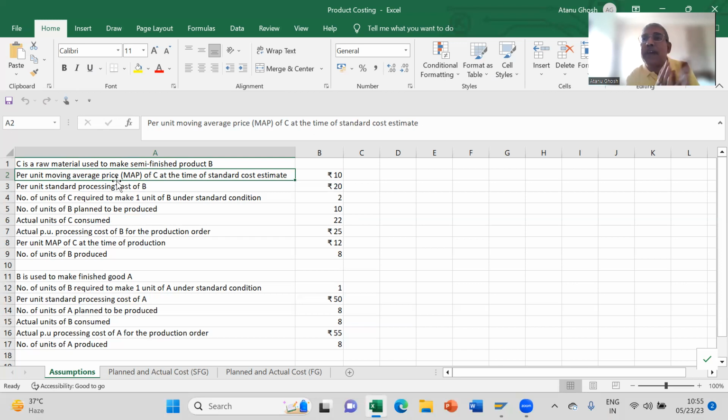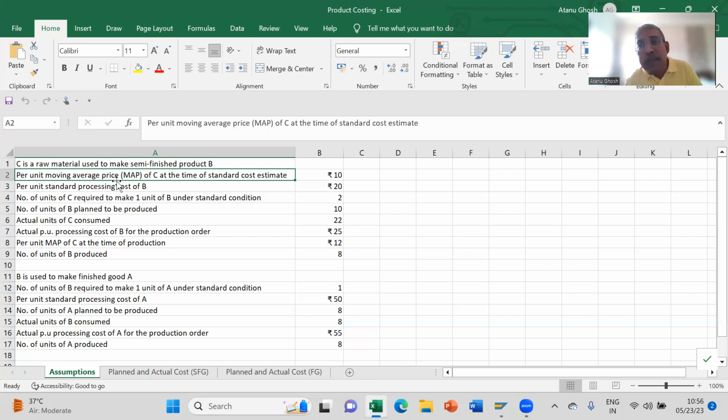In this particular case, we have assumed that at the time when the standard cost estimate of B is done, whatever is the moving average price of C, that is taken for the standard calculation. In a more sophisticated method, you might want to accommodate some escalation cost of C, because you have to maintain that price for the entire year.